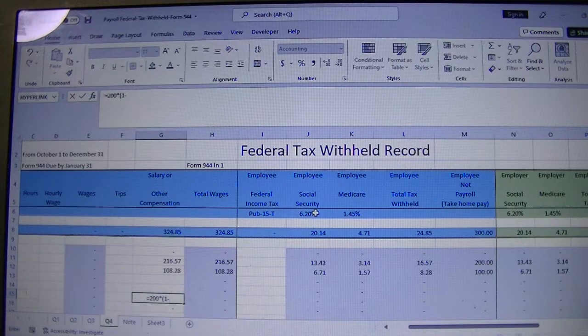The employee portion of Social Security is 6.2% and the Medicare portion is 1.45%. Without throwing them together, I'm just going to do it one by one. So that'll be minus 0.062 minus 0.0145, and then I will close it.